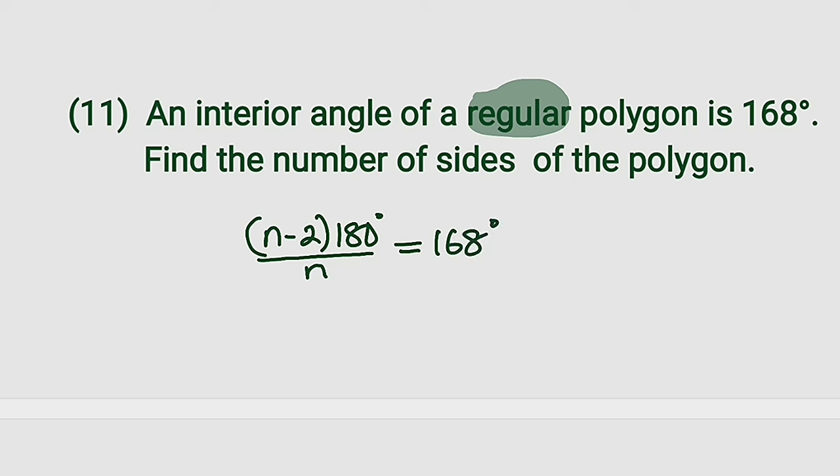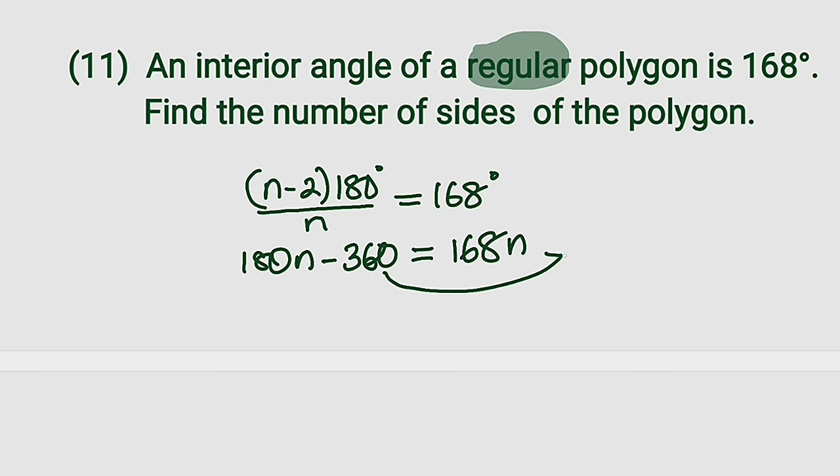So from here, we can cross multiply and expand the bracket. 180 times n will give us 180n. 180 times negative 2 will give us negative 360. And this is equal to 168n. I just decided to move on without assigning degrees, because in the end we are looking for a number of sides, not degrees.